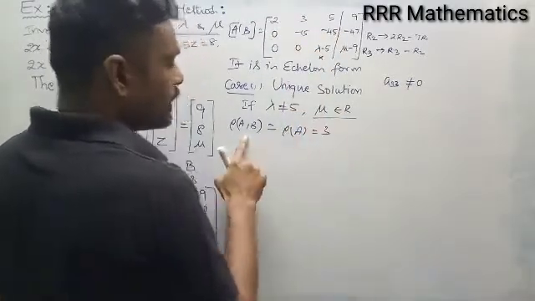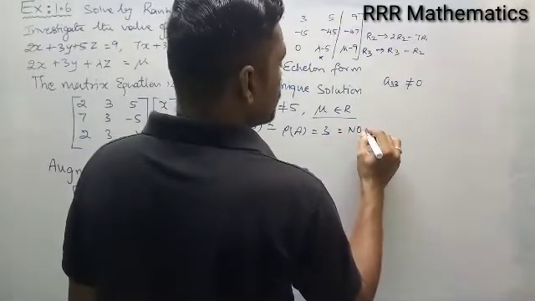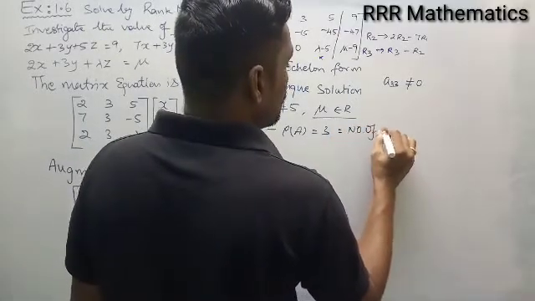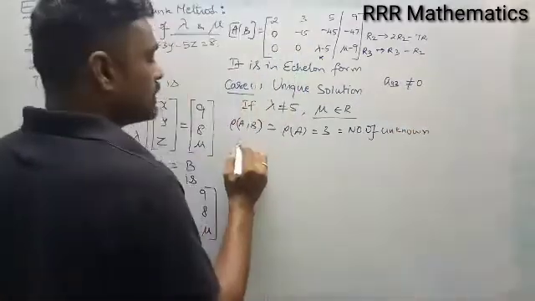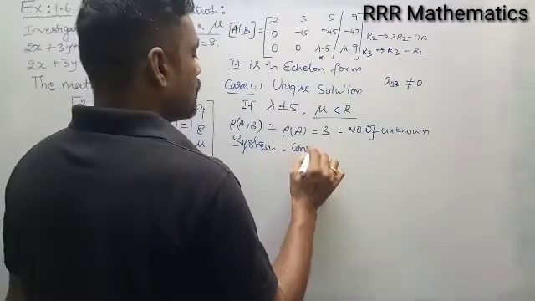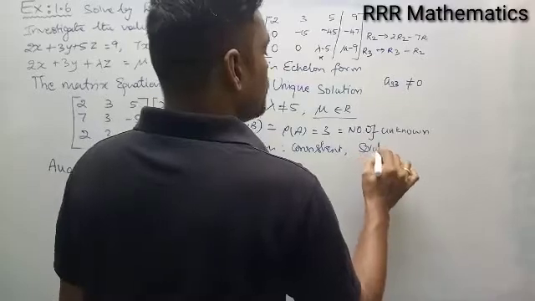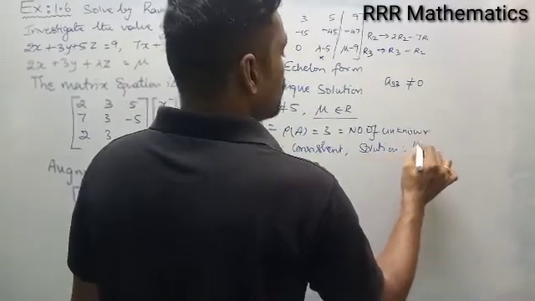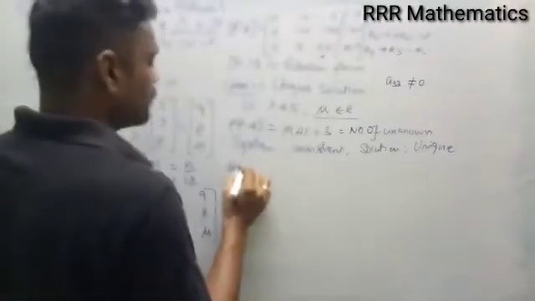So in this case, rank of A comma B equal to rank of A equal to 3 equal to the number of unknowns. So the system is consistent, and the solution will be unique. Got it?